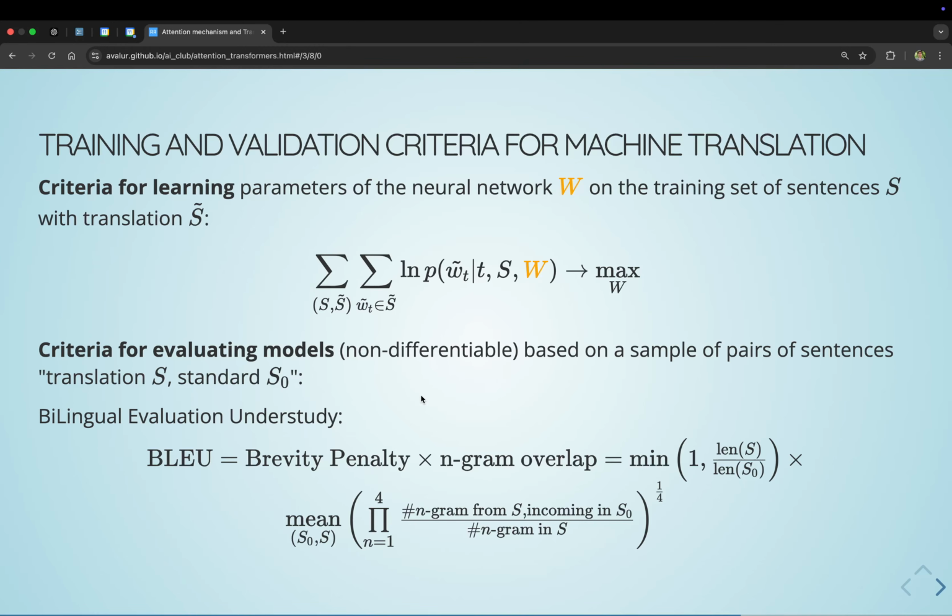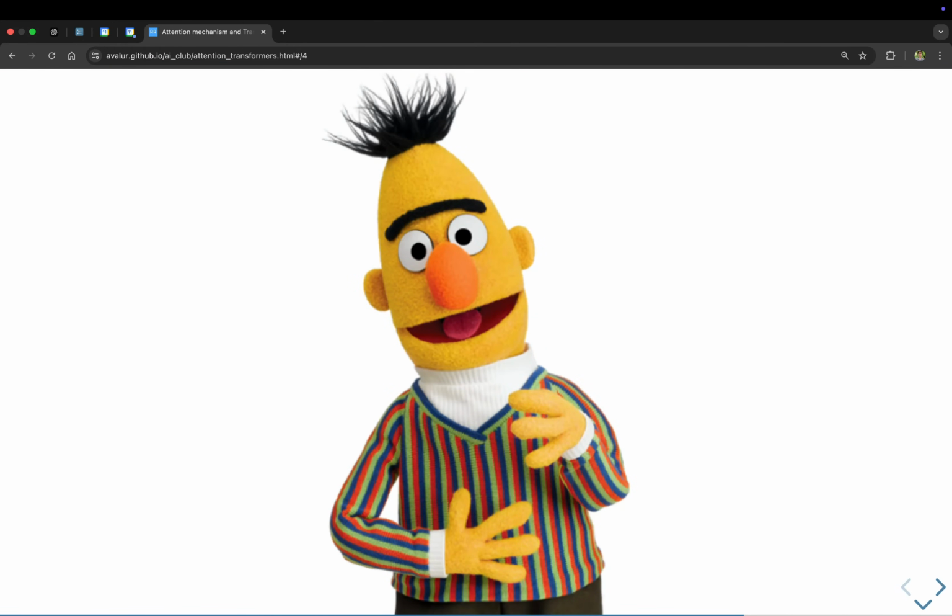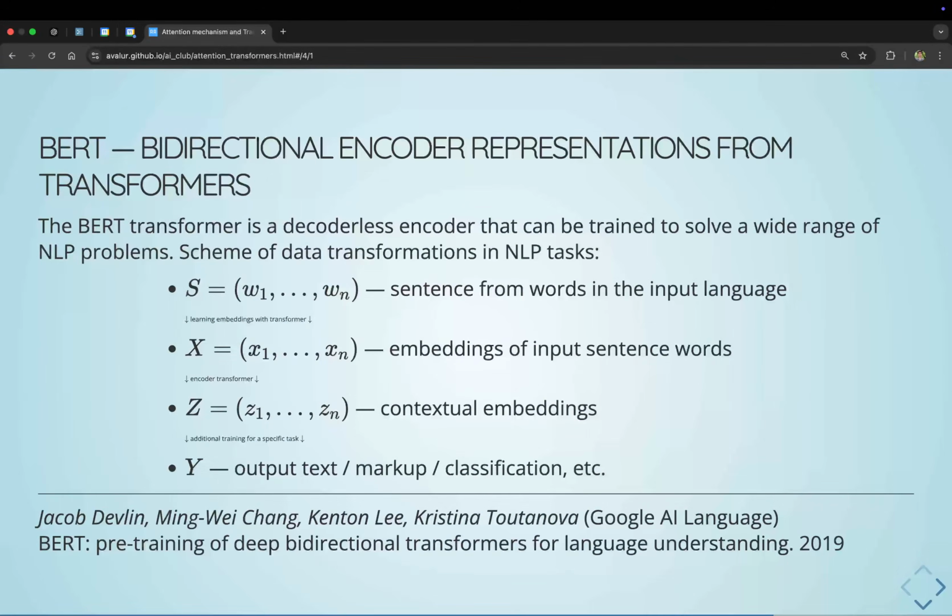But we use cross entropy for the training of the transformer model. And let's also discuss BERT. BERT is Bidirectional Encoder Representations from Transformers.